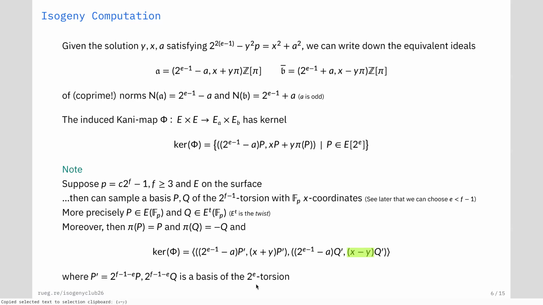Now there's a small subtlety, a small detail, that when we sample this basis, the algorithms that we usually use, for example the one in PEGASIS, the one that we ultimately implemented, only allow you to sample a torsion basis of order 2^f, but we need a torsion basis of 2^e, so we need to scale down the points P and Q to some P' and Q'.